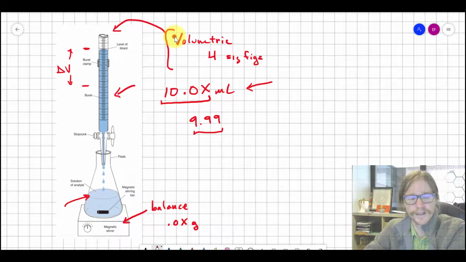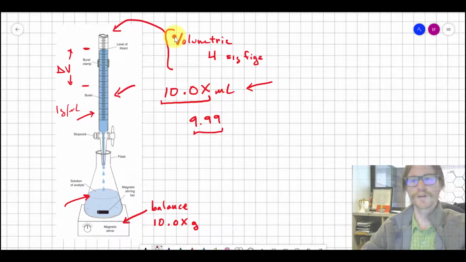So very similarly, if you can measure mass changes on the 10 gram level, you can use a balance to do a titration, and that's exactly what you're going to do. Of course, you need to know the density of your titrant, which in this case we're going to assume is a gram per mL, because it's almost pure water.